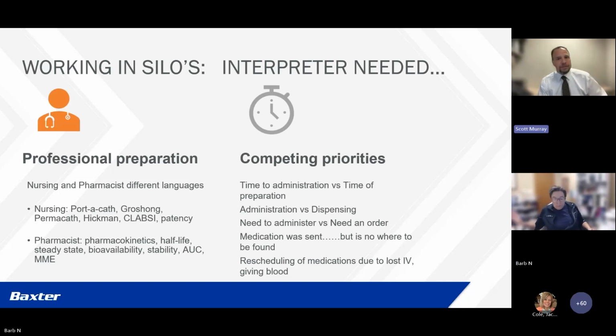So time of administration, this is something that's seen in regulatory all the time, and for the preparation itself, if it's a sepsis patient versus following policy, there's time-critical meds, administration versus dispensing.